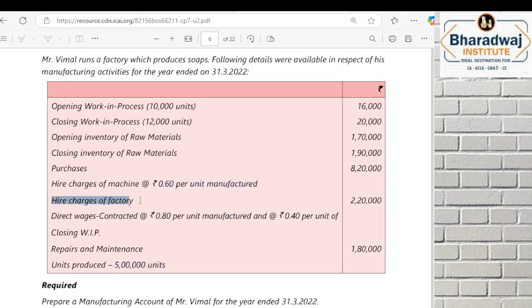Then hire charges of factory, 0.8 per unit, and 0.4 per unit of closing WIP is given. Repairs and maintenance, all those things you charge, then credit side closing WIP we'll eliminate.